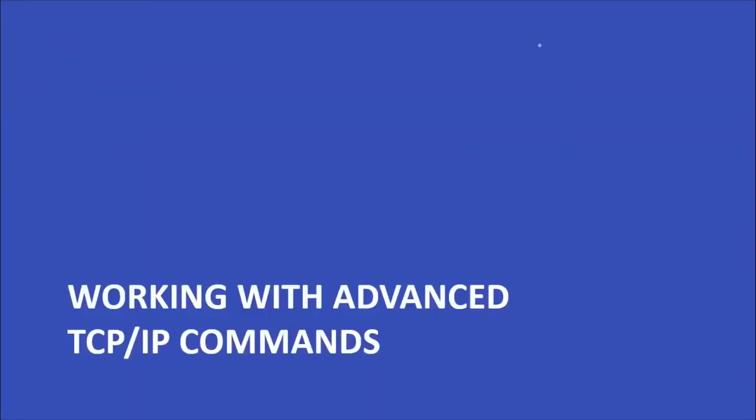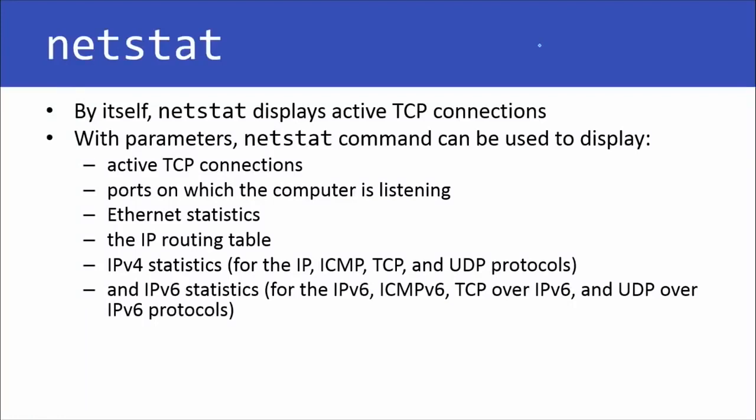All right, so we talked about some of those basic commands. Let's talk about some of the advanced commands now and get into the nitty-gritty. First off is netstat. Netstat's going to display active TCP connections, so any connections that are currently active between your computer and another computer using the TCP protocol, right?